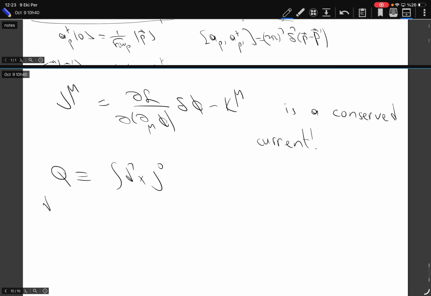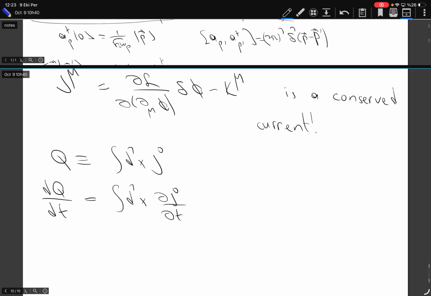If I look at the time derivative of this charge, how does this total charge change with time? This is the integral of del J0 by del t. It's a partial derivative inside.